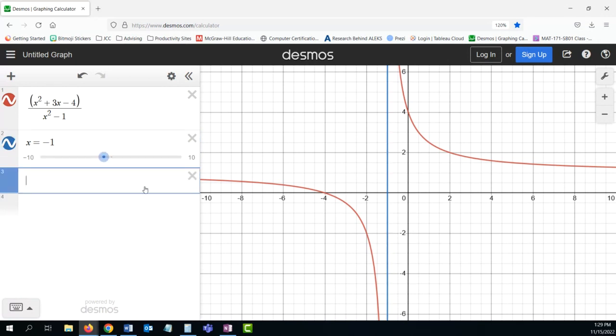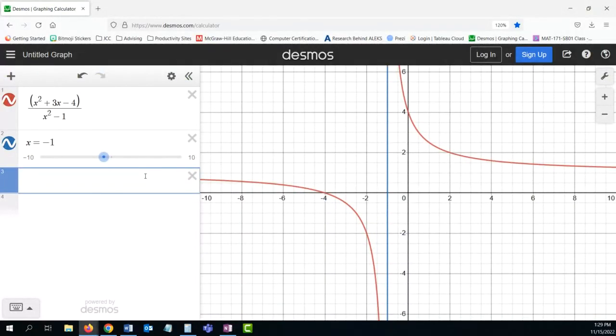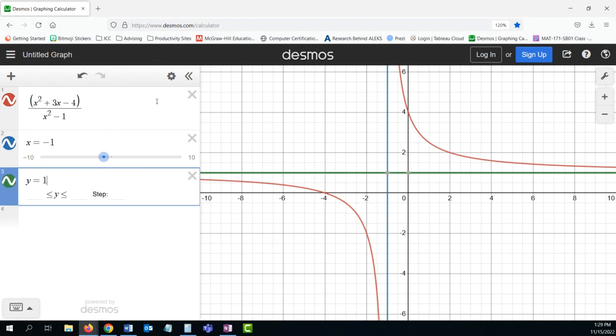What does a horizontal asymptote look like? Well, we said this problem had a horizontal asymptote of y equals 1, and that's a horizontal line. So vertical asymptotes are vertical lines, x equals some number. Horizontal asymptotes are horizontal lines, y equals some number. A function is allowed to cross a horizontal asymptote, because horizontal asymptotes are really just there so that I can determine the end behavior of my function.